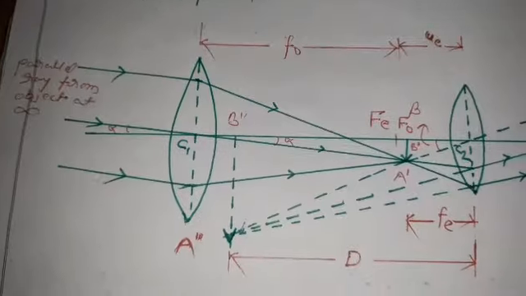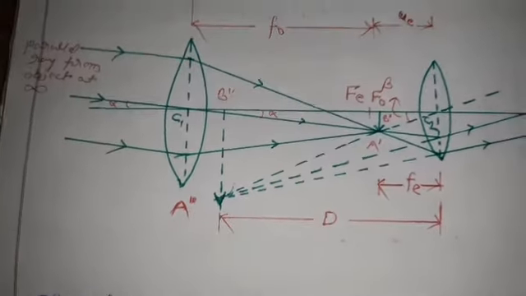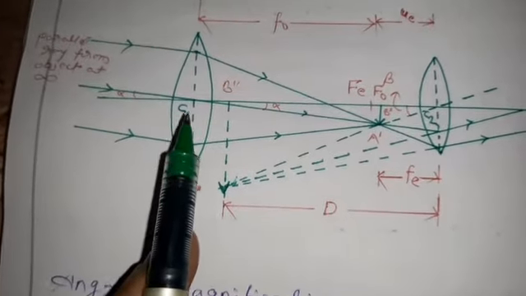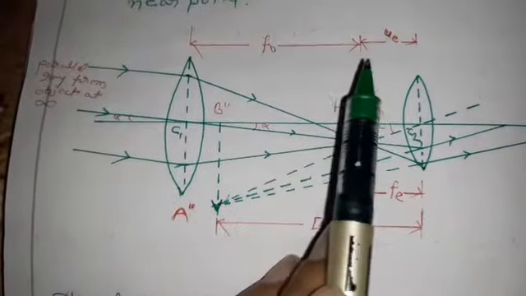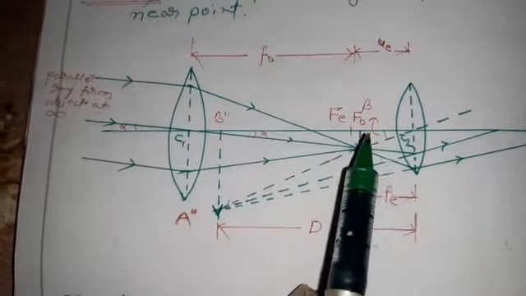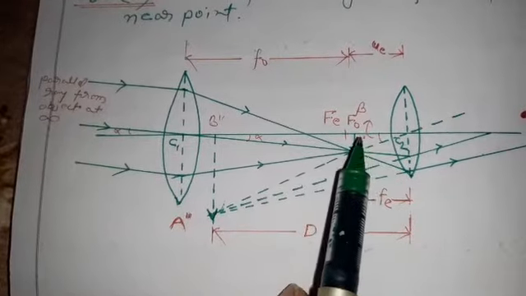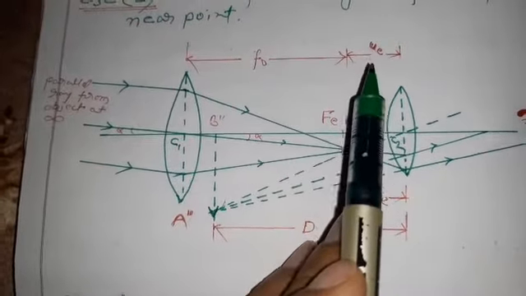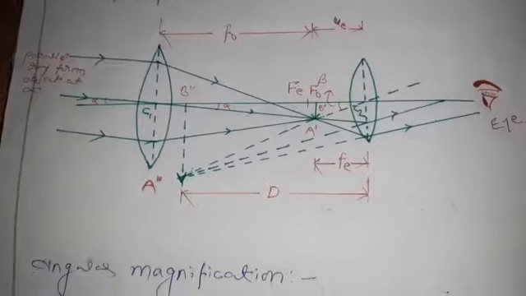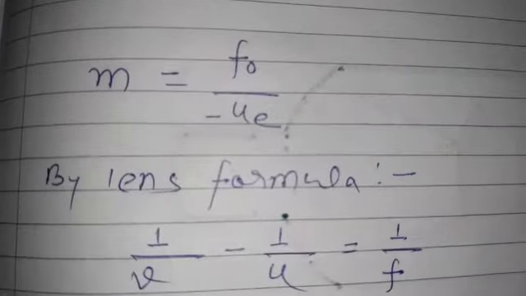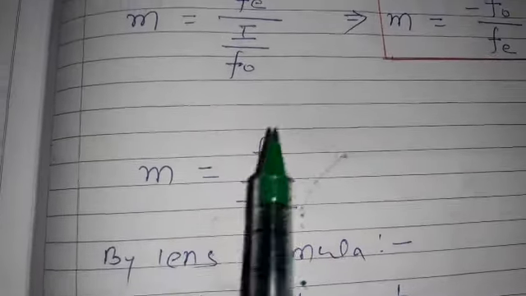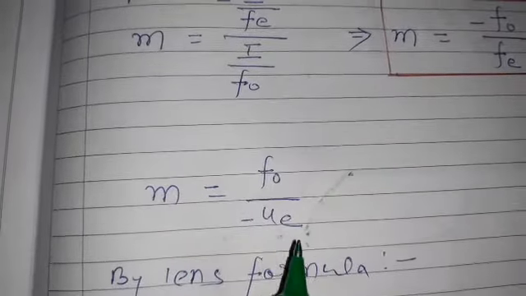Now what is the value of c1 b dash? The value is f naught. c2 b dash is nothing but your object distance, that is ue. Putting these two values in our equation, we get m equals f naught upon minus ue.